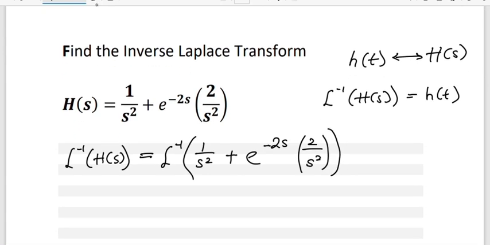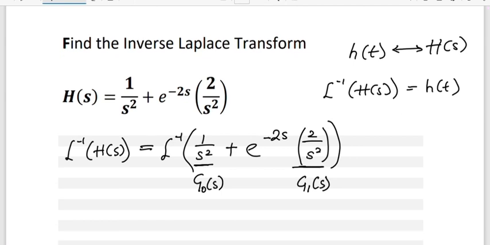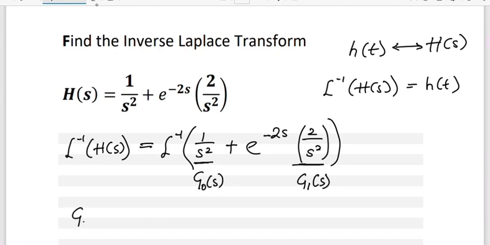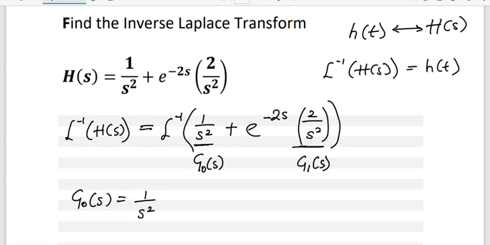We can denote this to be our G naught(s), and this to be our G1(s). By doing so, our G naught(s) is simply 1 over s squared, and our G1(s) is simply 2 over s squared.